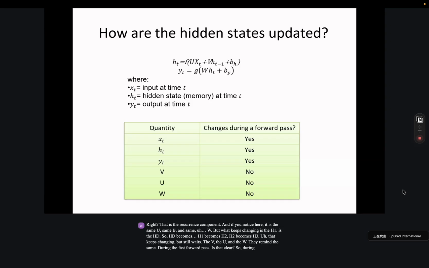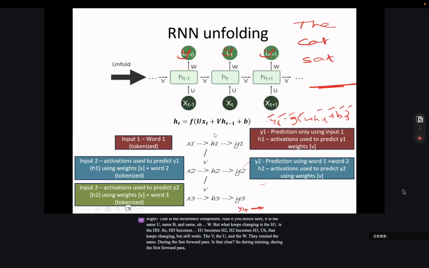So during training, during the first forward pass, the V, the W, all the weights are reused. Okay, the V of H remains the same, but the actual H changes. The X1 changes. The Y1 changes, X2 changes, Y2 changes.